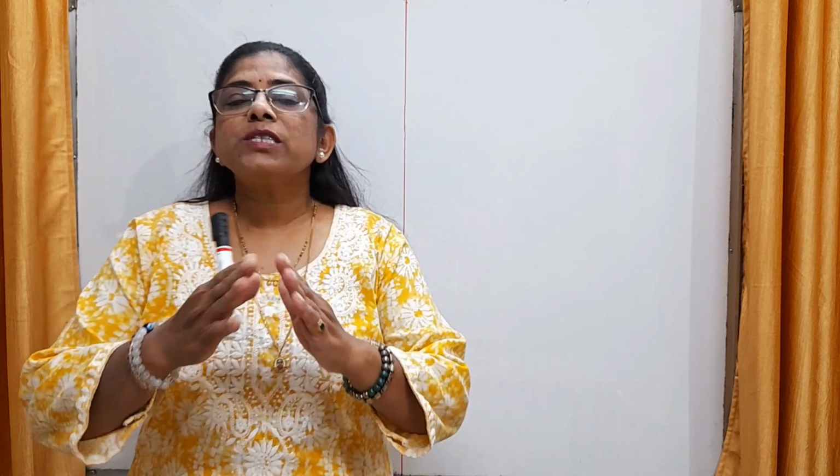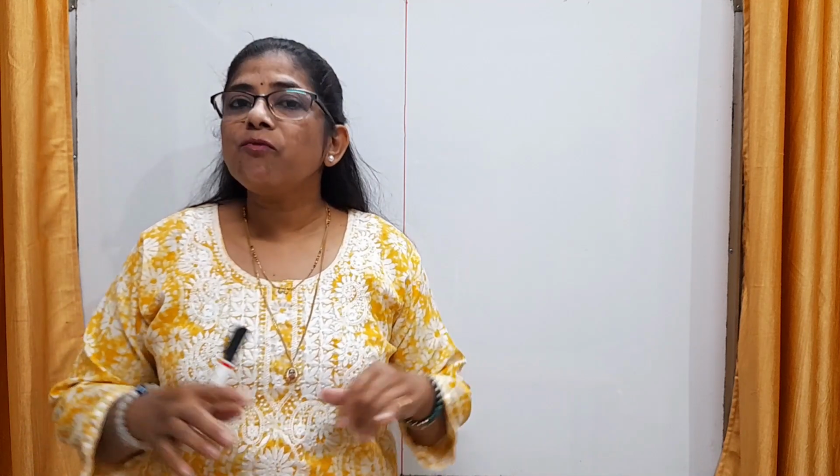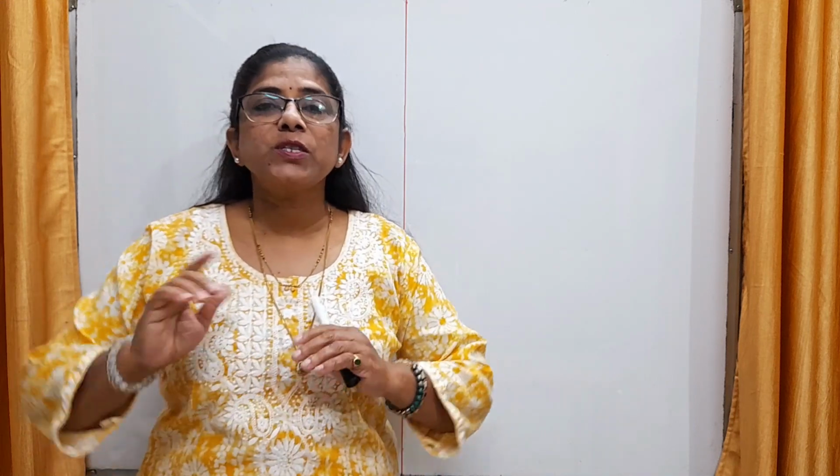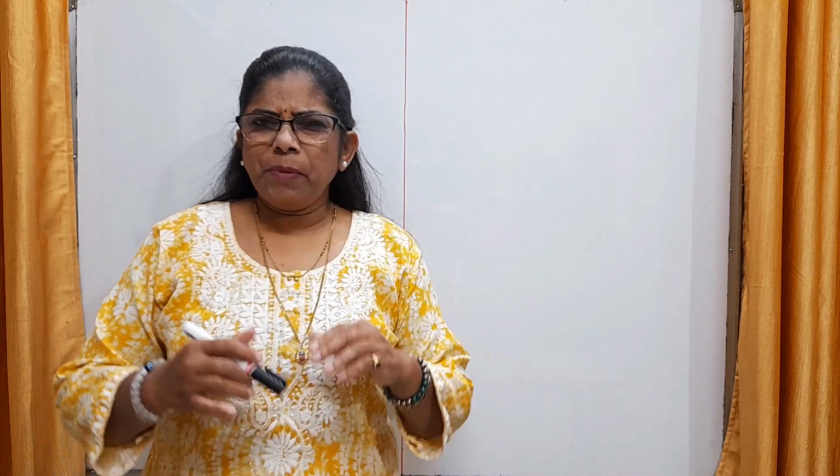Because most of the time other factorization the students find it very easy, but when it comes to splitting the middle term they find it a little bit difficult. And as I said, what I am going to explain in this video is going to be helpful for class 8, 9 and 10. Here, though it is only the factorization of one quadratic polynomial by splitting the middle term, later it's going to help you even to solve the sums of quadratic equation, because the basic thing how to solve is same.